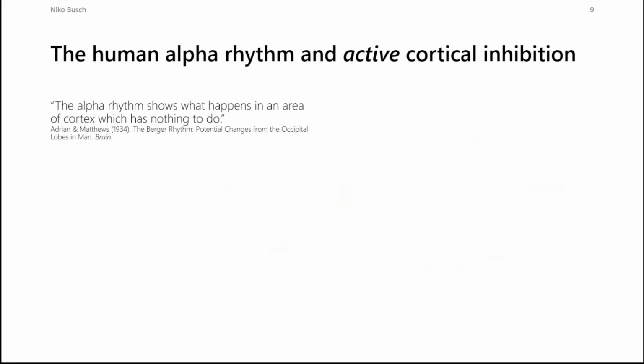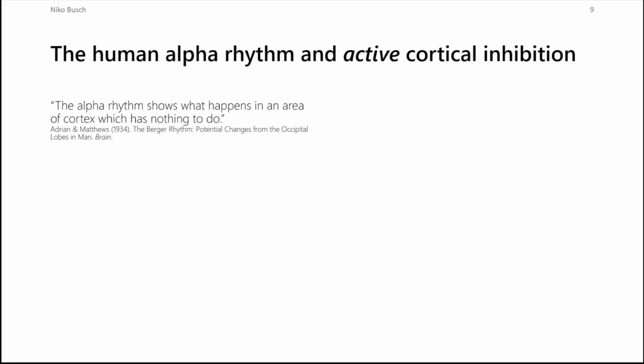Now, this finding that the alpha rhythm is associated with a suppression of excitability and a suppression of visual performance, and the finding that it can be so easily lateralized with cues, has inspired a number of hypotheses about the cognitive function of this rhythm.